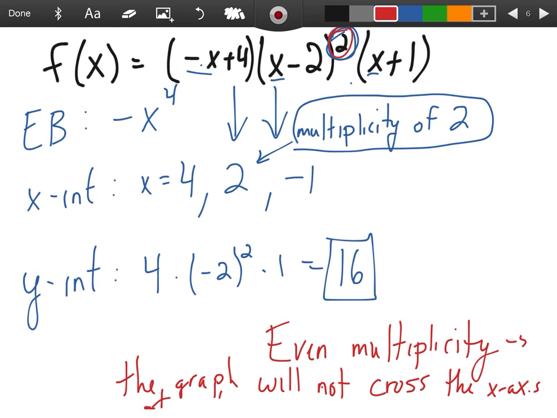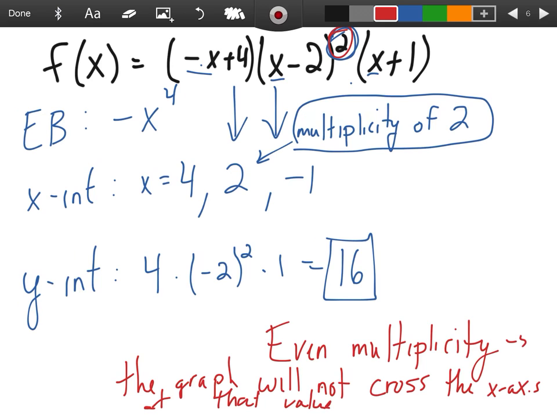At that value. Sorry, I ran out of room a little bit, kind of bad estimation of how much room I needed. All right, so if there's an even multiplicity, the graph will not cross the x-axis at that value.